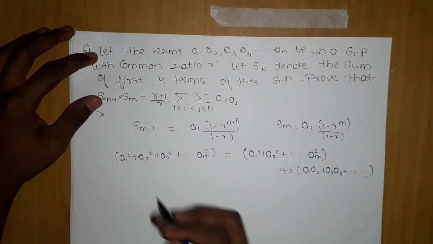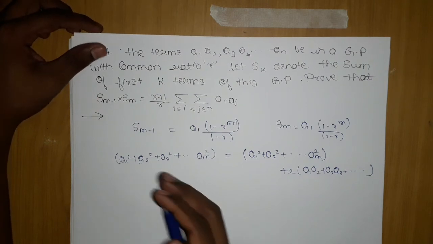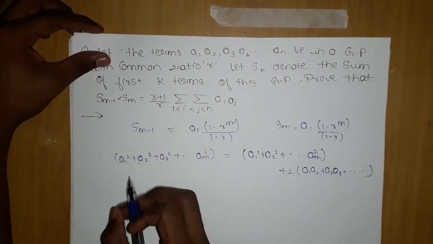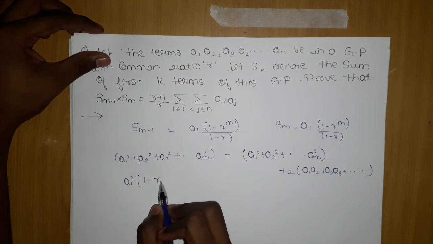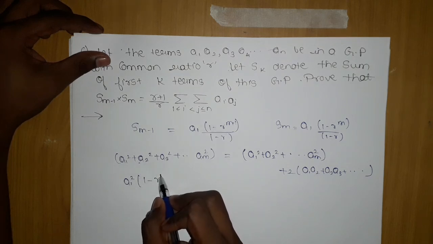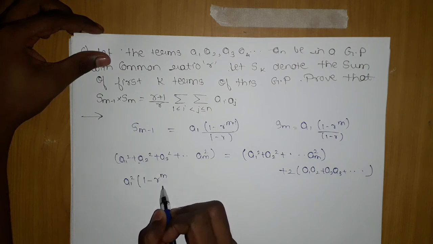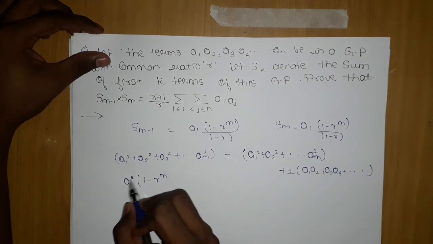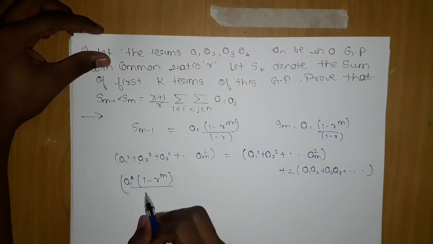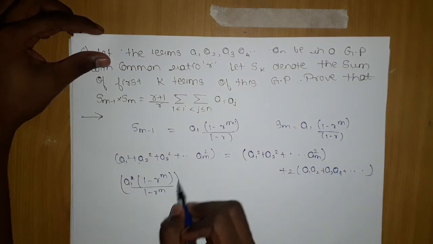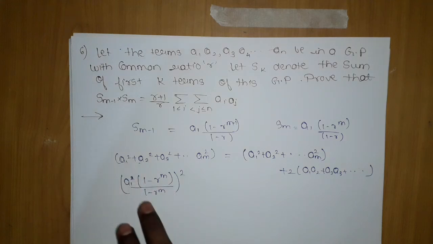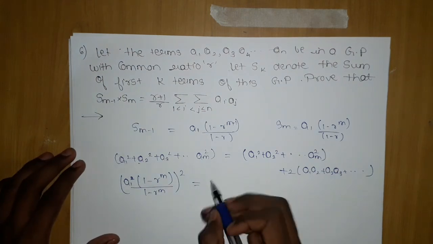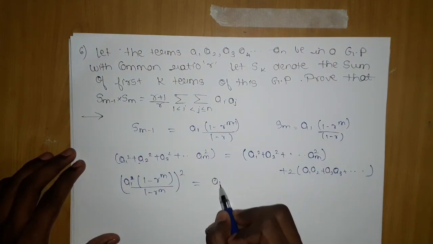After this, its sum is very easy: a1 square into 1 minus r^m, the whole square. The terms have become double, the ratio will still be the same. Here the terms have been squared, so a1 square will be here.